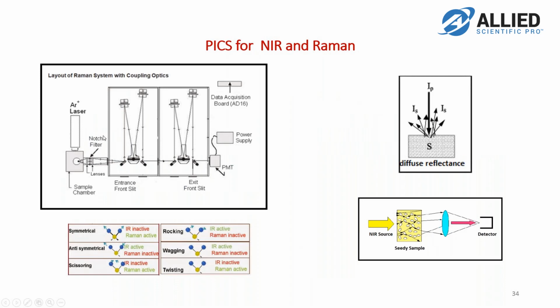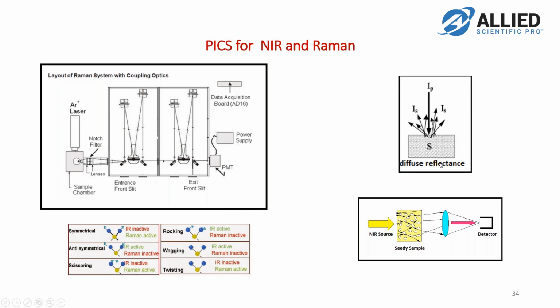Here is a diagram for Raman. It uses a laser source, and the notch filter blocks the laser source. Basically, there is a sample chamber, and it uses sophisticated optics, spectrometers, micrometers to detect the very weak Raman signal.